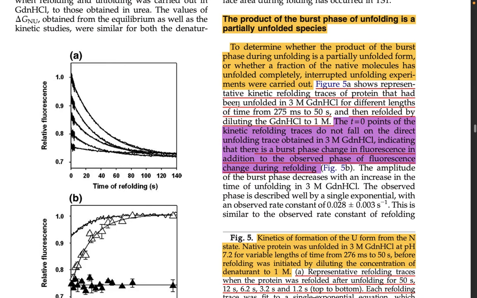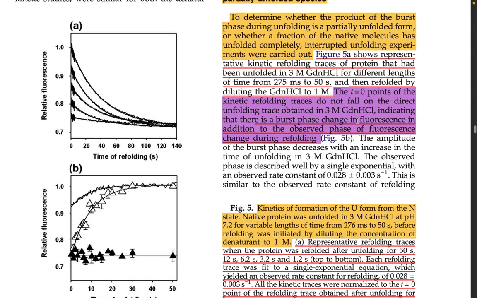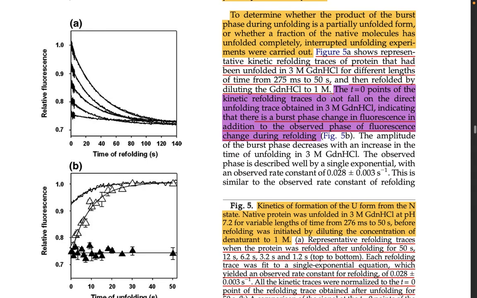Now figure 5a shows representative kinetic refolding traces of protein that had been unfolded in 3 molar guanidinium hydrochloride for different lengths of time from 275 millisecond to 50 seconds, and then refolded by diluting the guanidinium hydrochloride to 1 molar. Now the t equal to 0 points of the kinetic refolding traces do not fall directly on the unfolding traces obtained in 3 molar guanidinium hydrochloride, indicating that there is a burst phase change in fluorescence in addition to the observed phase of fluorescence change during refolding.